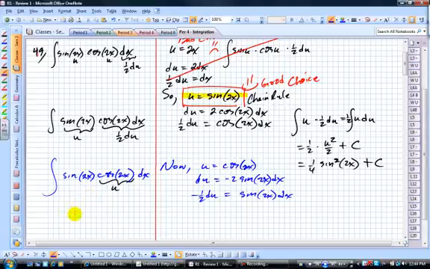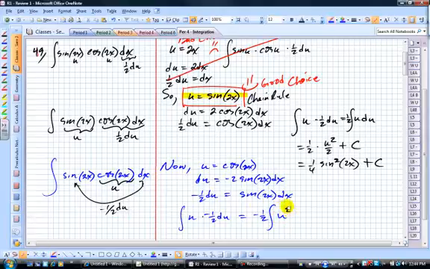Okay, so this other portion right here, the sine of 2x dx, that's my -1/2 du. So when I rewrite in terms of u, I get the integral of u times -1/2 du, or negative 1/2 times the integral of u, whoops, not u squared, but just u, du.